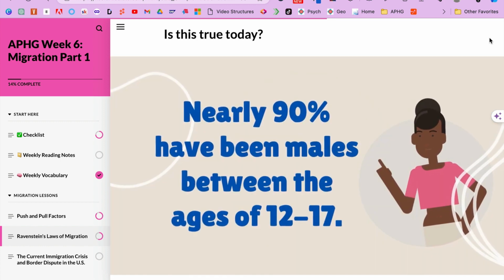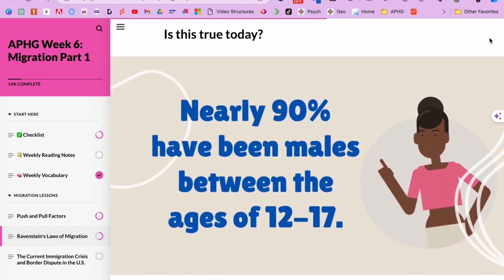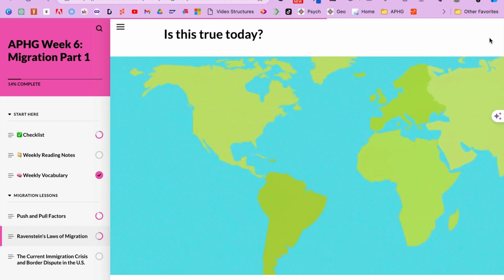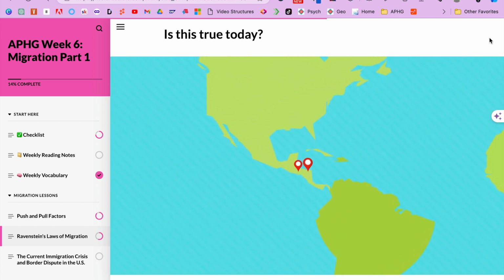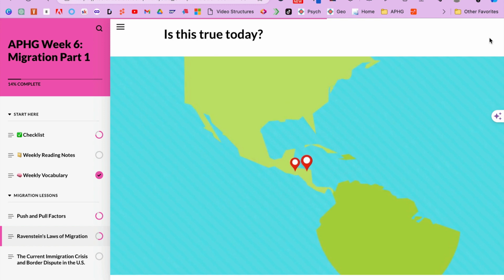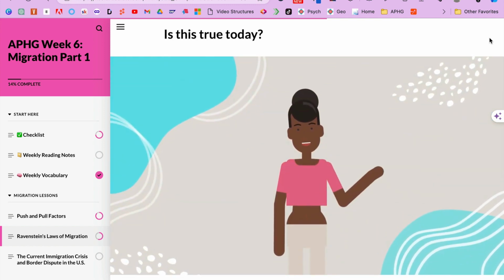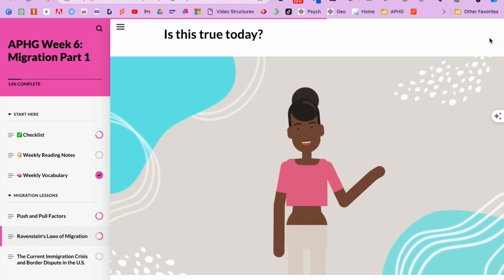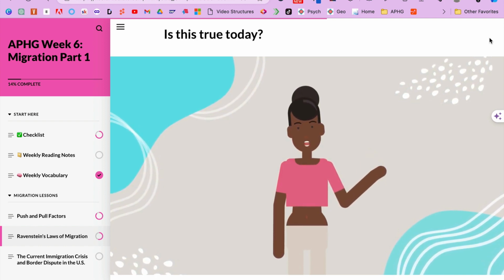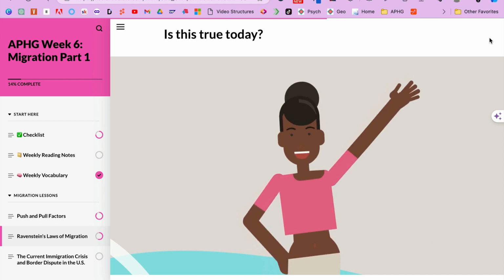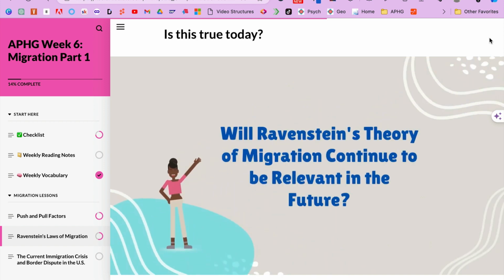Nearly 90% have been males between the ages of 12 to 17. Most are pushed out of Honduras and El Salvador because of increased gang violence. Ravenstein's theory of migration may be over a century old, but it still provides valuable insights into today's migration patterns. What do you think?